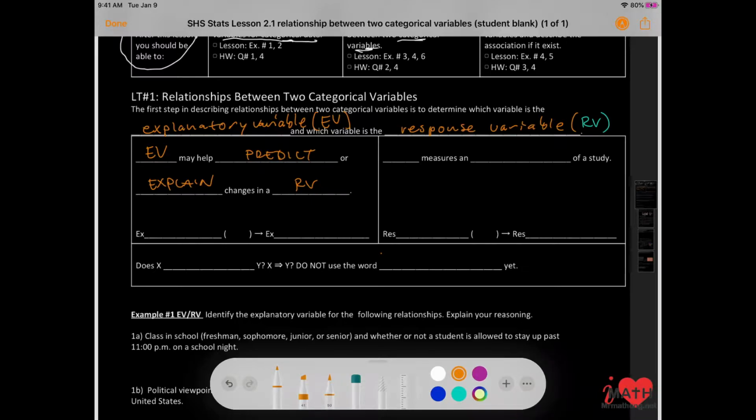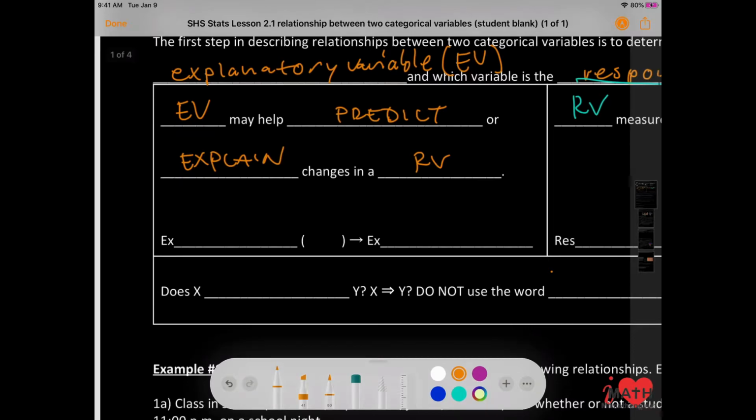We want to know, does it explain what's happening? The response variable, the RV, measures an outcome of a study.